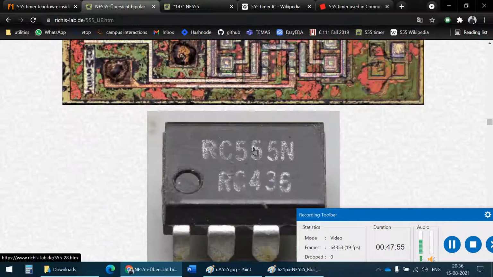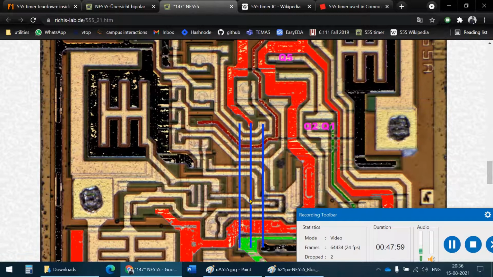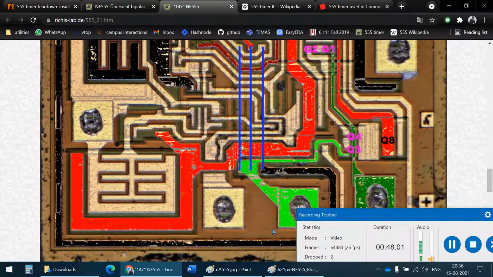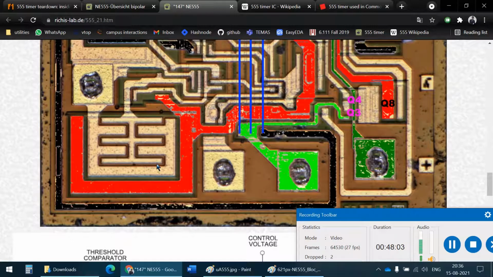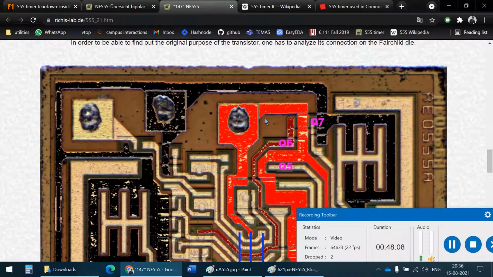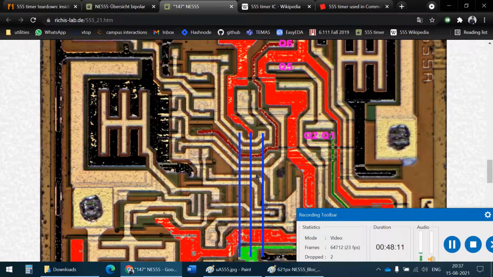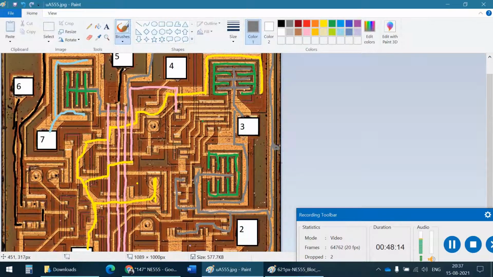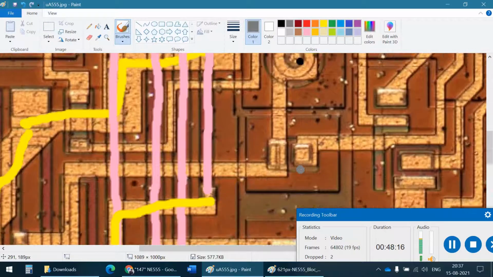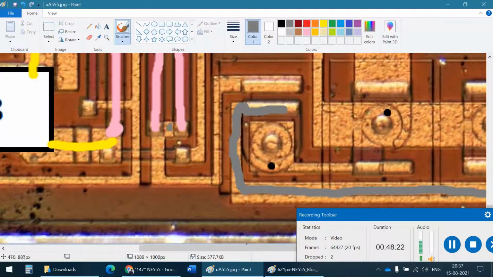But there are many images. So if you look and see what this guy has done, he's found his 3 5K resistors. He has identified the collectors, normally given in red, and you see he sees that it's connected there. Another thing I found cool was how we identified that the resistors are in series. So how we saw that this end is connected to this end, and this end is connected to this end.